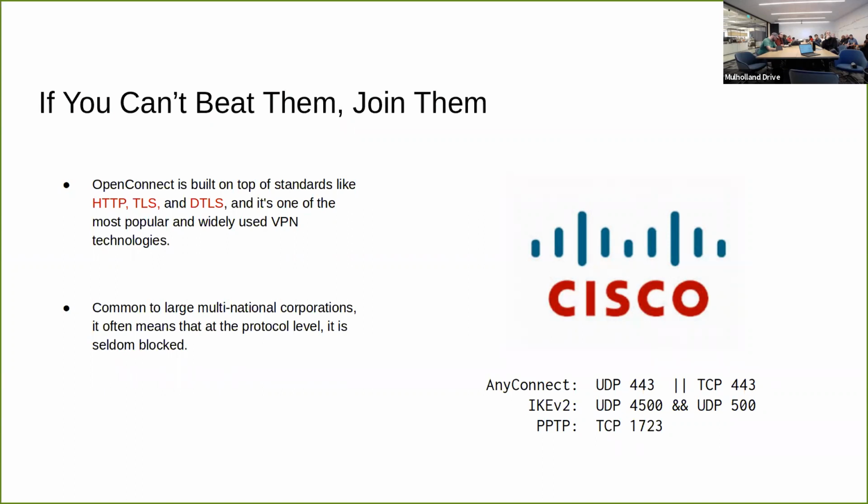A few you can use: AnyConnect, which is Cisco's proprietary one. There's an open source one called OpenConnect that you can use. It's included in Streisand. IKEv2 and PPTP will also work, and you have different port options as well.